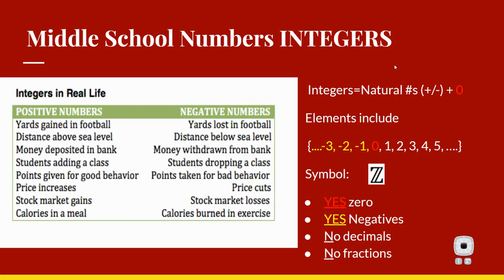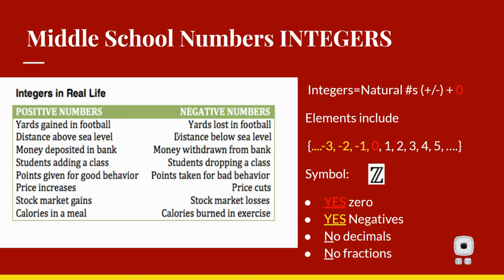You can look at elevators as positive and negative. You look at ocean. We talk about sea level and below sea level as being positive and negative. Sadly, the thing I'm most familiar with is that money deposited in the bank, I tend to have more negative money, it seems like. I'm not sure why. I'm sure my children have something to do with that.